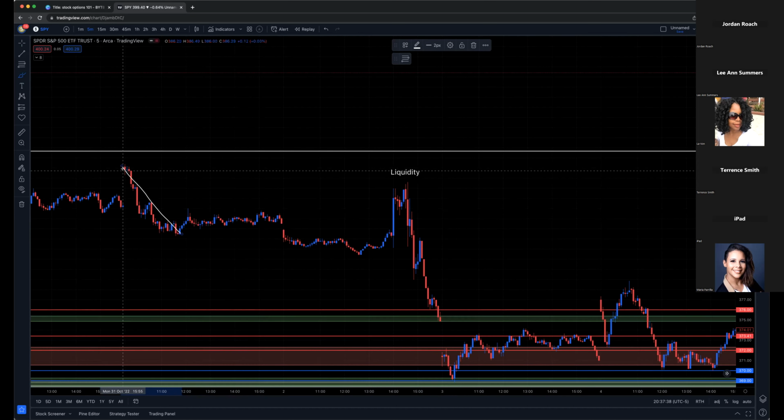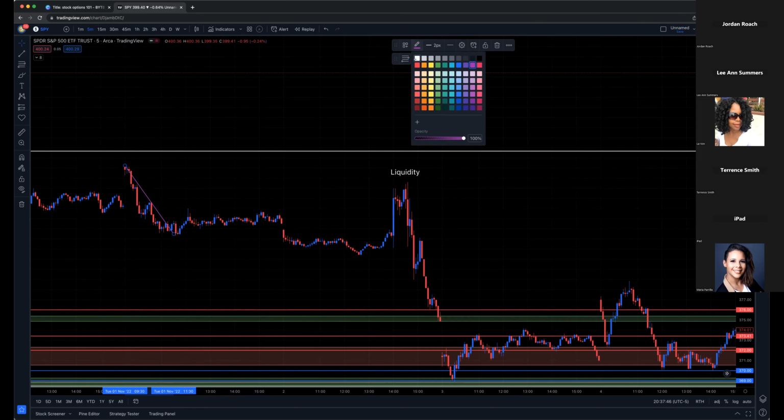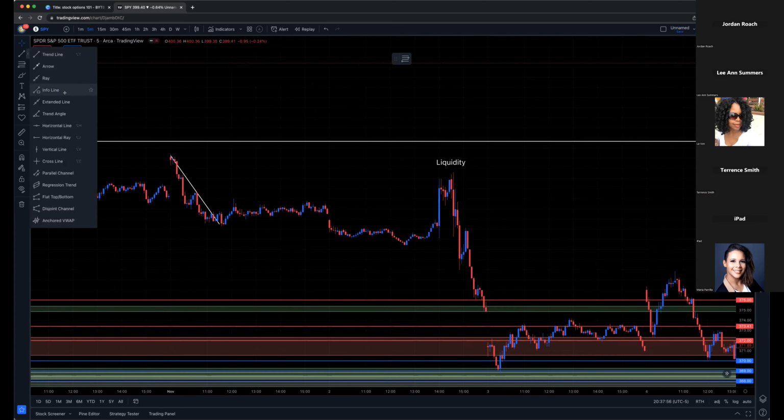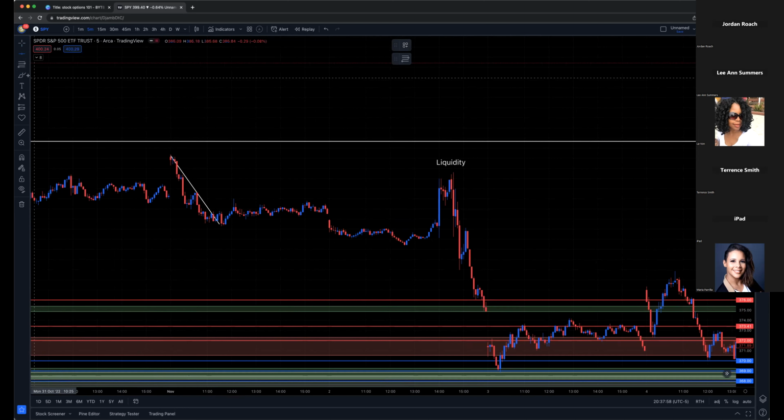So let me make this a little bit nicer. We have an area here where we can clearly see the market is moving down. Does everyone see that from where I'm drawing it? Okay, perfect. Now you have areas where it's not really moving anywhere.